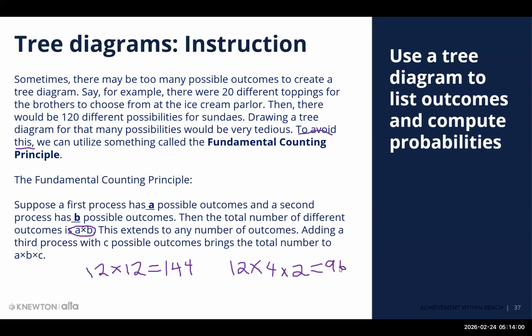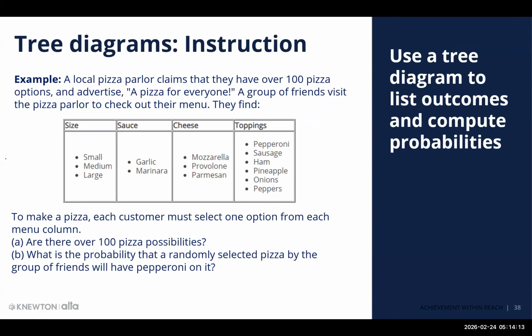So there's a way to keep track of things without actually having to write everything out. So here's a quick example. You've got a local pizza place that claims that they have over 100 pizza options. You can choose the size, as you can see. You can choose the sauce, you can choose the cheese, you can choose the toppings. And so you might already be computing, but basically we've got 3 over here times 2 times 3 times, it looks like 1, 2, 3, 4, 5, 6.